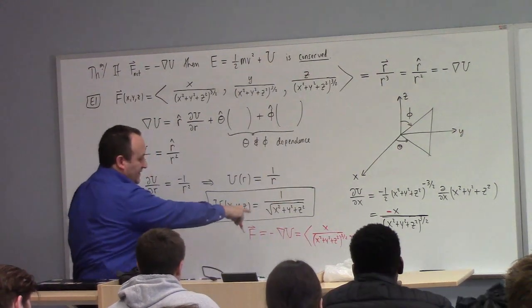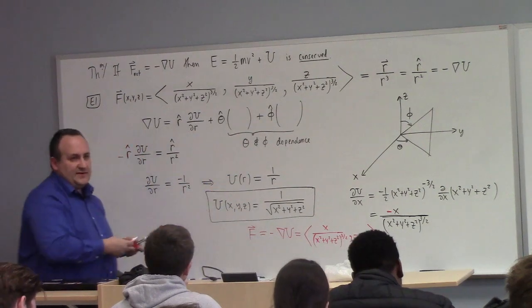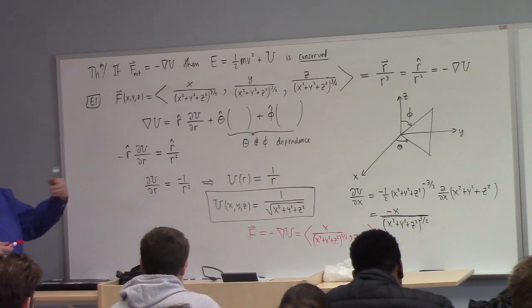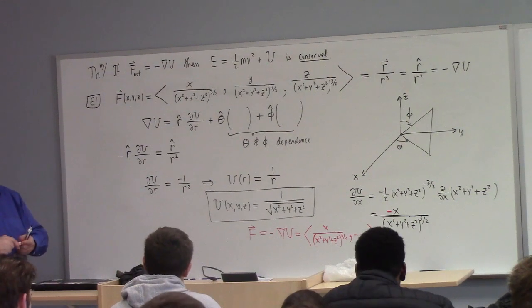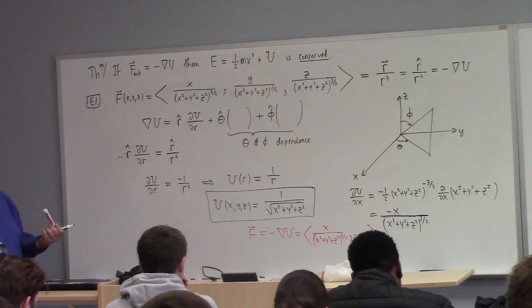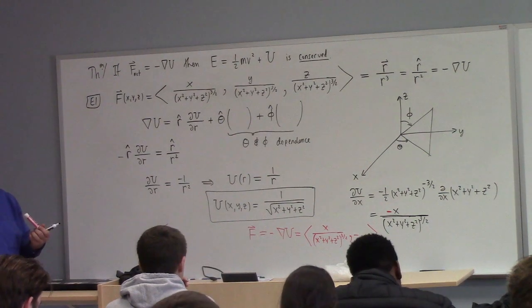So that minus and this minus combine together to get us the plus that we need. And the calculation goes the same for y and z, right? There's a symmetry here between the way x appears in the formula and the way y appears in the formula. So if it works out for x, it's going to work out for y and z just the same.